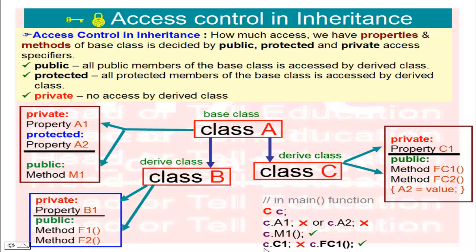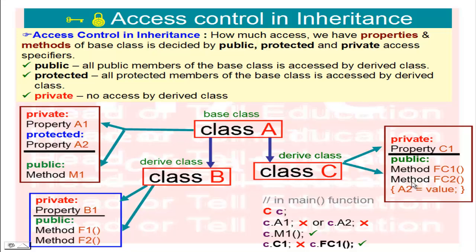Now C dot C1 again. C dot C1 is the private property of class C, so this is not accessible in the main. Now C dot FC1 is a public method, so this is allowed inside the main. One more property we have, the protected property A2.